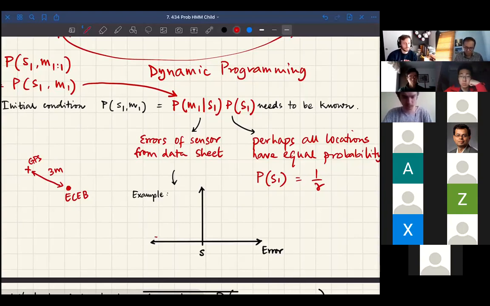Typically there will be a distribution that the GPS chipset will give you. The distribution looks like this. At 3 meters, your probability is this much.